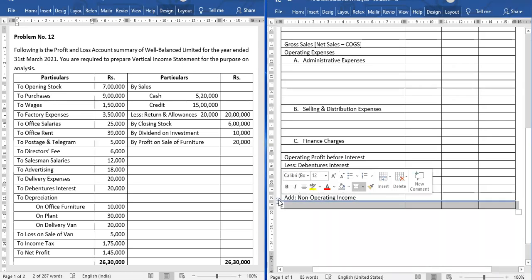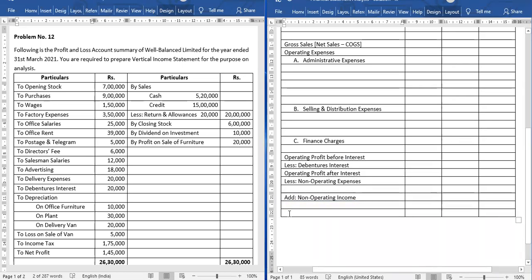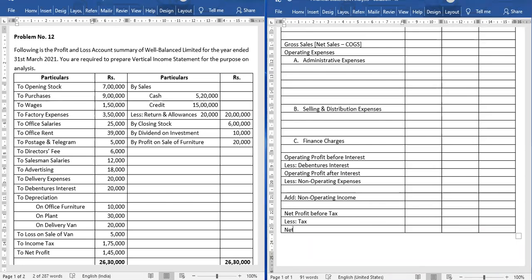After this, we arrive at net profit before tax. Then less tax, we get net profit after tax.